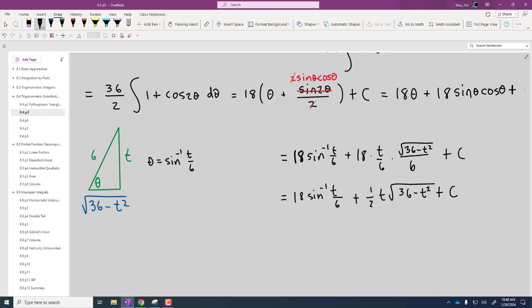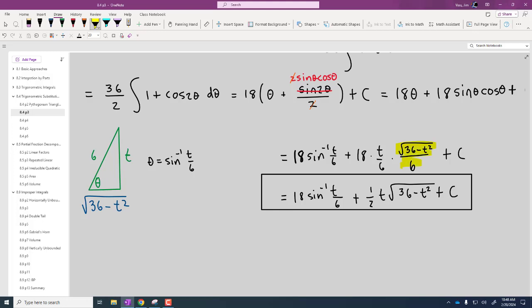Is that making sense to everybody? So a lot of steps in there. On that last part, how'd you get root 36 minus t squared over 6? So this is cosine of theta right there, and cosine of theta is adjacent over hypotenuse.